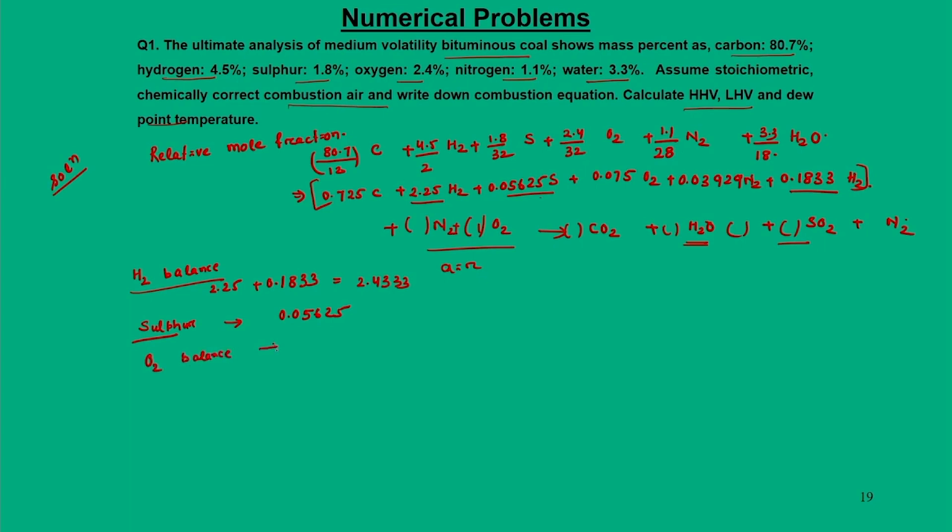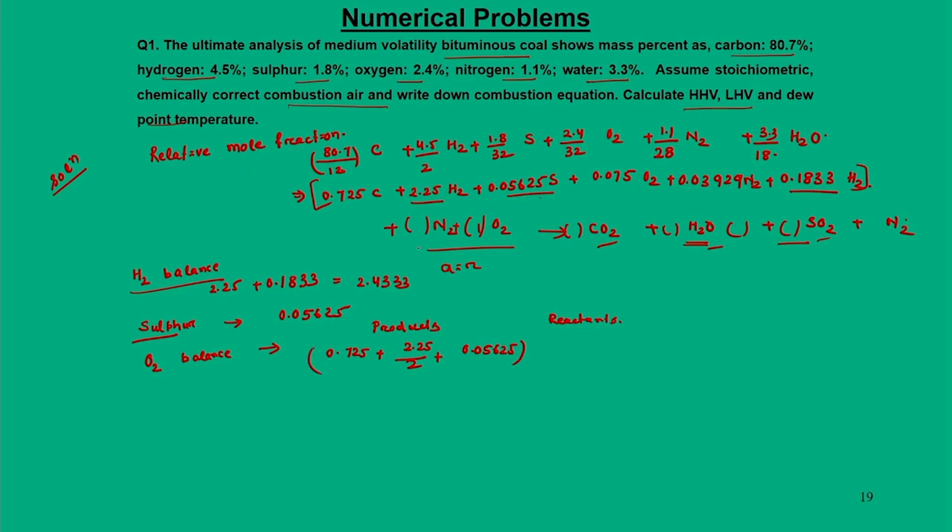Then we have the oxygen balance. Oxygen has two parts, products and reactants. The products will have 0.725 plus 2.25 by 2 oxygen here, plus 0.05625.